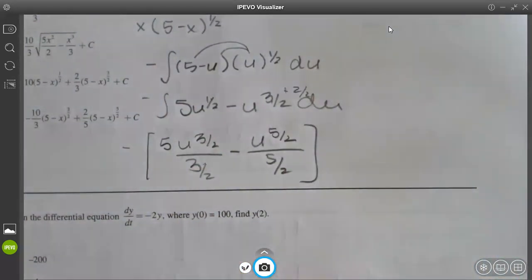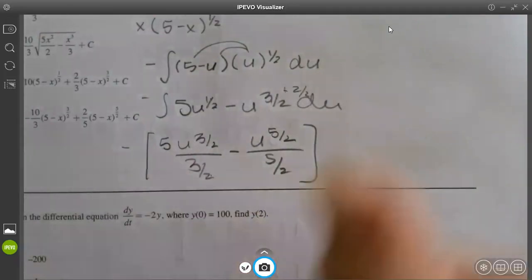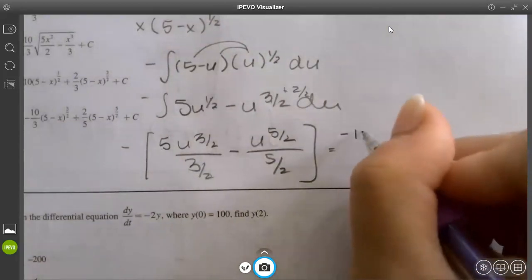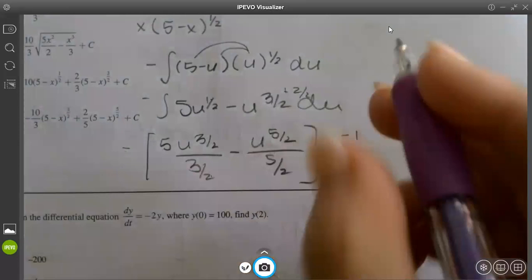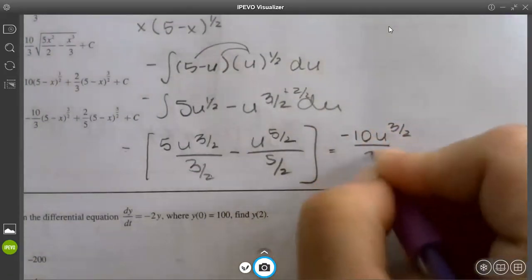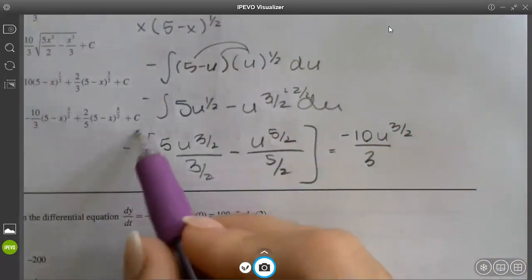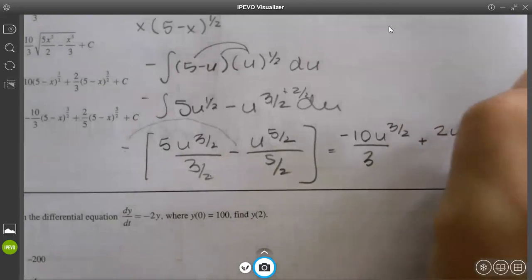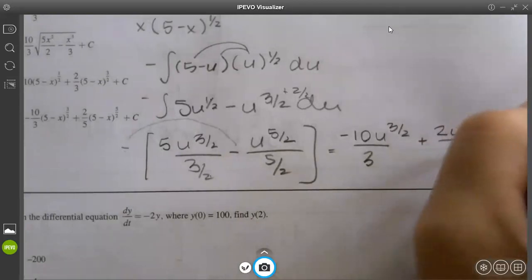It's okay. We bring our bottom to the top, so 5 times 2 is 10. Negative 10 u to the 3/2 over 3. When I distribute my negative, I get a positive, bring your 2 to the top over 5.